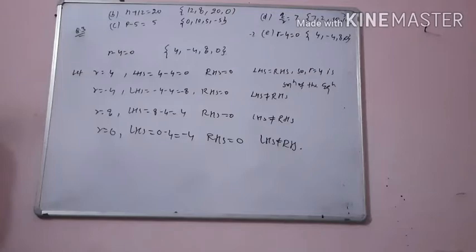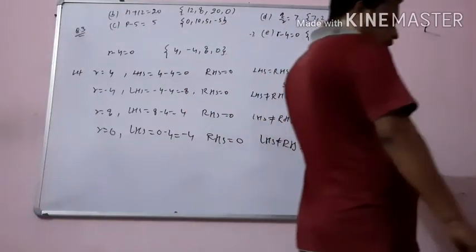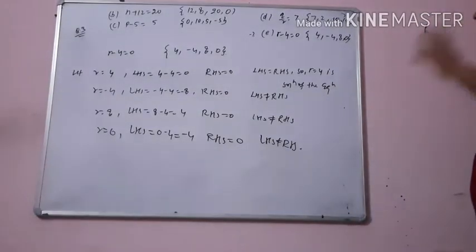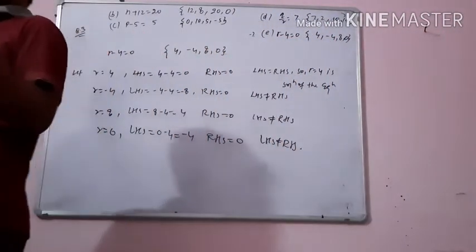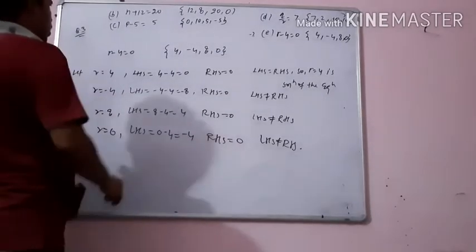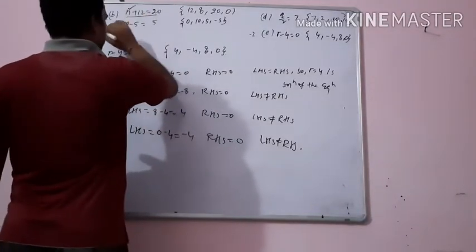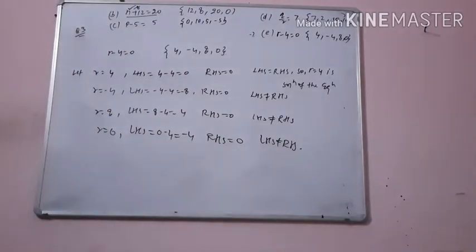So here we have solved 5 equations, and in each equation only one value satisfies the given condition. So we can conclude that an equation of this type will have only one solution. In the equation n plus 12, any other value you take in place of n will not satisfy.